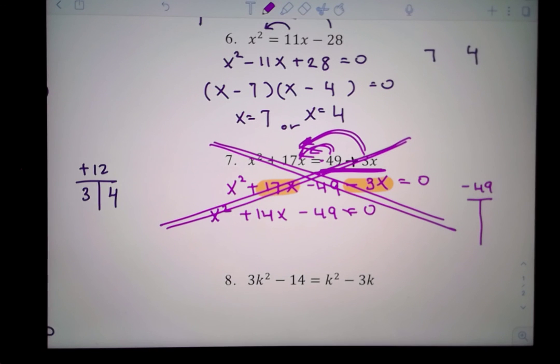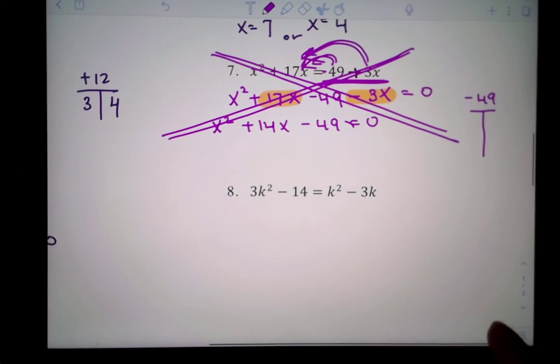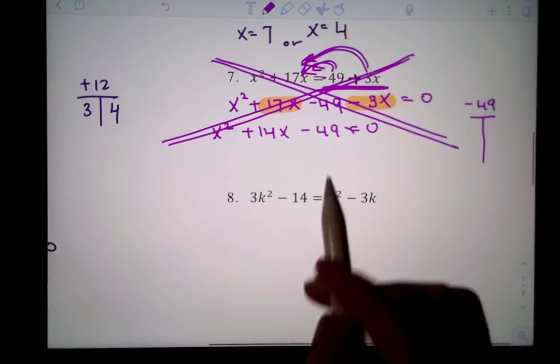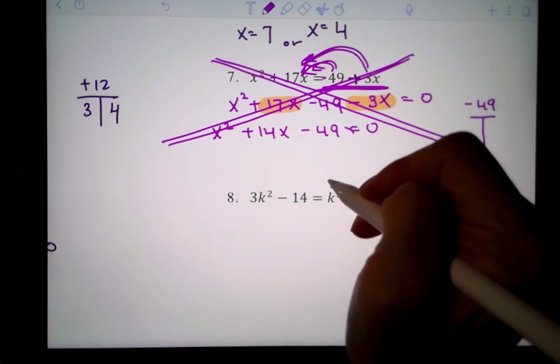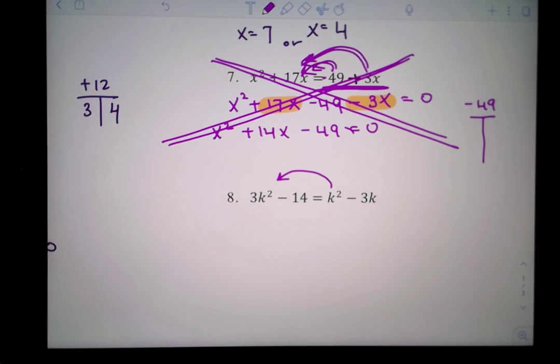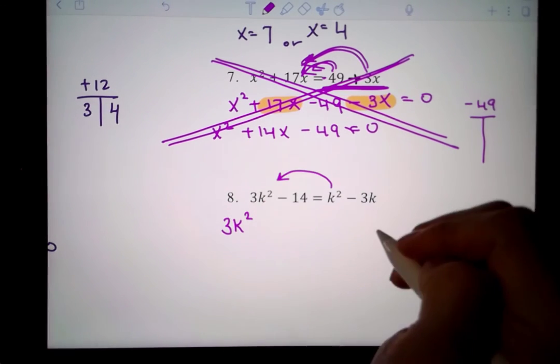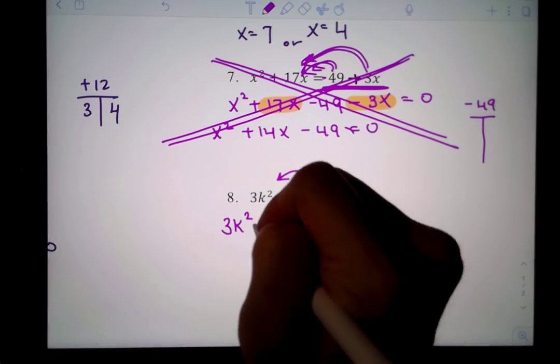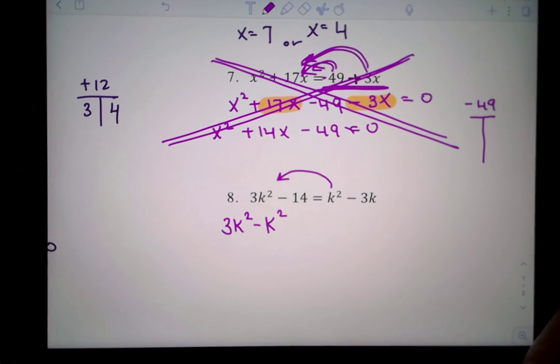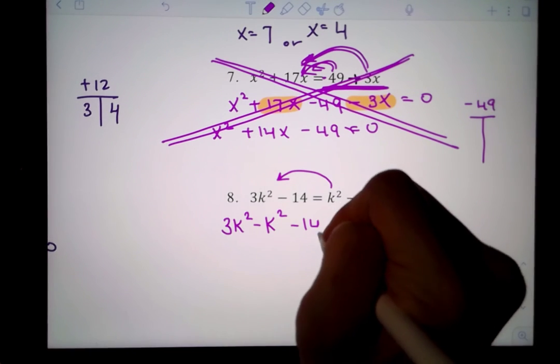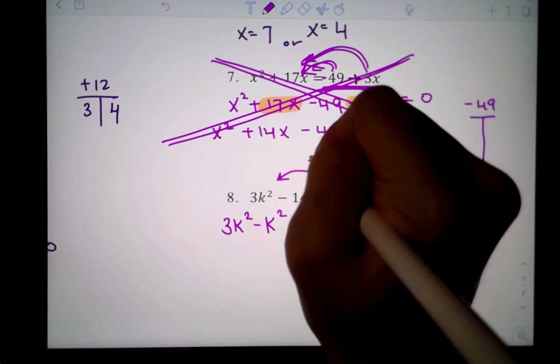Okay, so anyway, let's look at number 8. That's similar. So k squared, you move it to the left side, then what? That turned to minus k squared, right? And then I'm gonna keep this minus 14 and move this one.